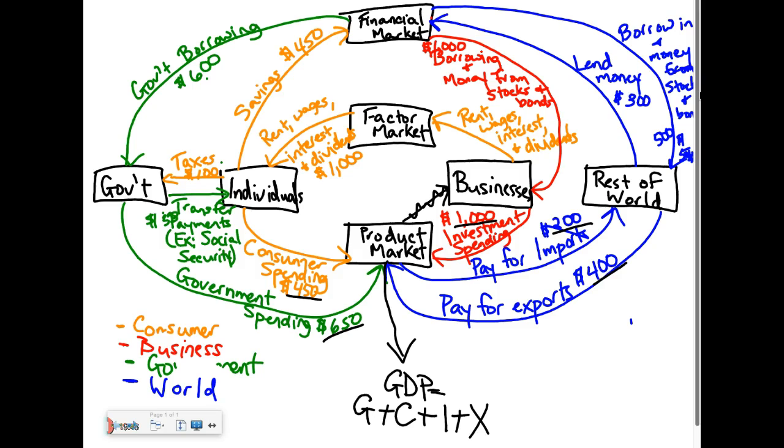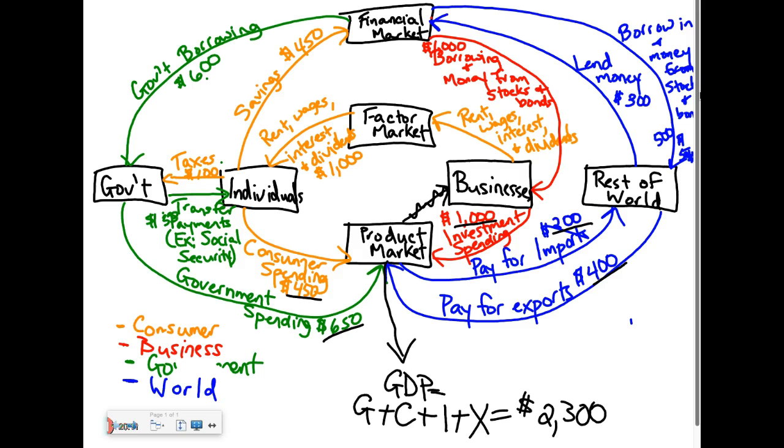Okay, so if you did all of your math, exports minus imports is 400 minus 200, which is 200, plus 1,000, which is 1,200, plus 450 and 650 should equal, in our complicated accounting here, about $2,300. That, my friends, is what GDP is.